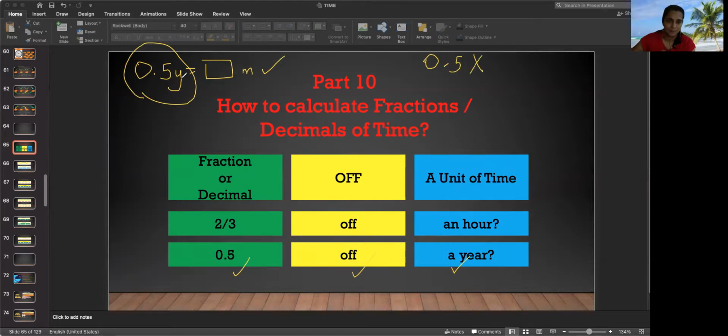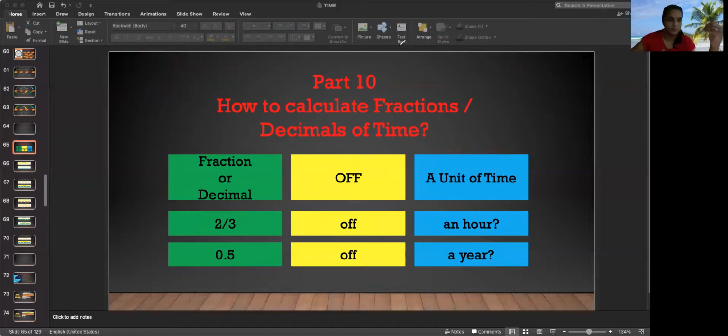Since the unit of time here is year and I want months, I know that 1 year is 12 months, so I will be multiplying with 12. This is actually 6. 0.5 is half, and half times 12 is 6 months. So 0.5 of a year is the same as half of the year. It means 6 months. That's what we would look into today.